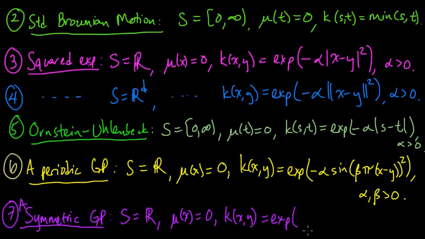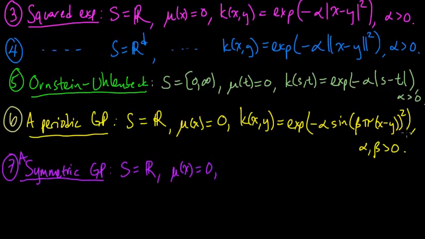I just invented this covariance function, and actually let me put it on the next line, because I'm going to run out of room. I just made this up to try to make it symmetric, and it works. It doesn't give us any errors, at least.